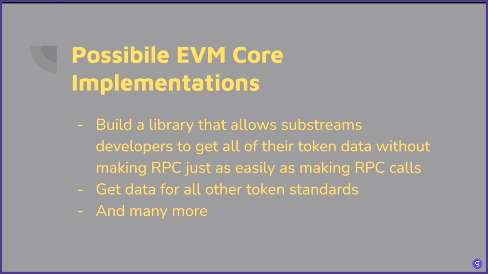And also, we want to experiment with using this to get data for other token standards as well. We just went for ERC20 and ERC721. So that was a good amount to tackle for the hackathon project. But we could really do this for every token standard.